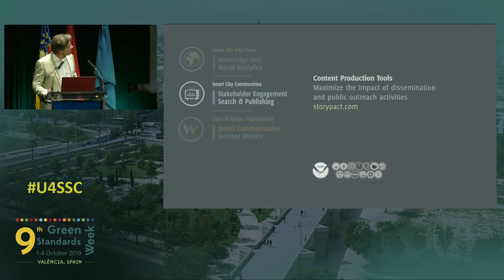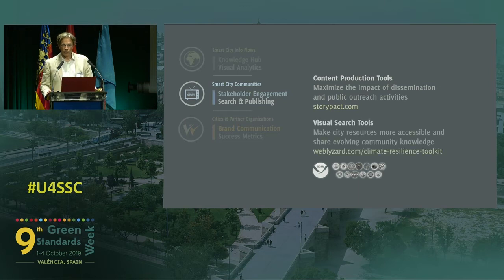The second step is using the information to provide content, to publish content. I don't have the time to go into all these projects, just to give you a bit of an overview. It's on storypack.com. This is using all the knowledge we gain from the public debate to improve the wording of our own outgoing communication. And then visual search tools.